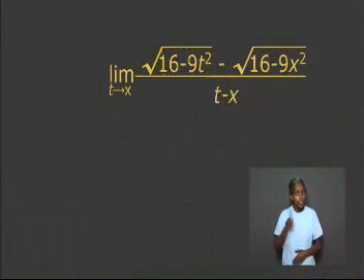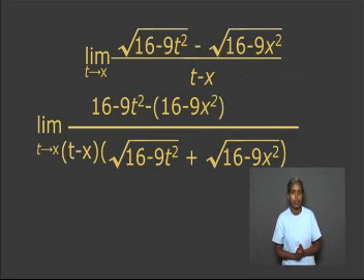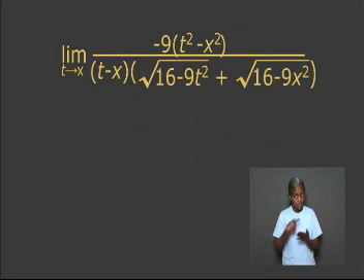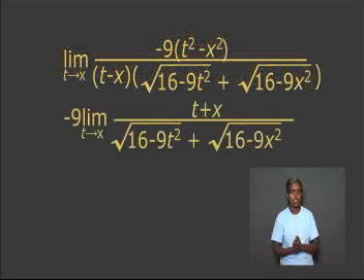Hello again. Here is what the expression looks like after we have applied our definition of derivatives. We remove the radicals. Then we use the properties of limits to move the coefficient.